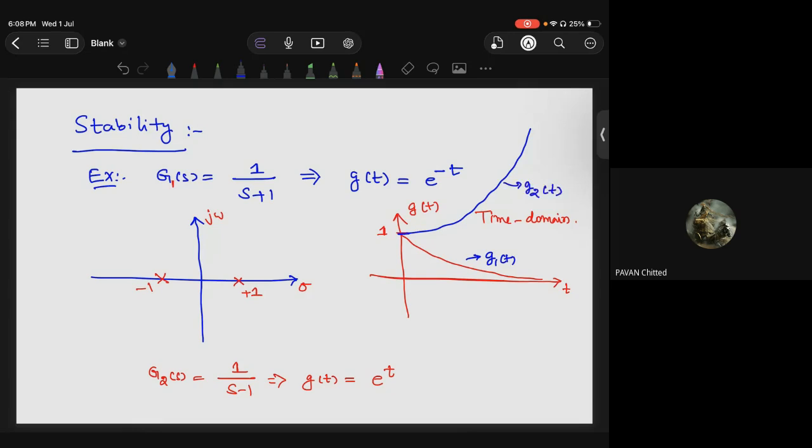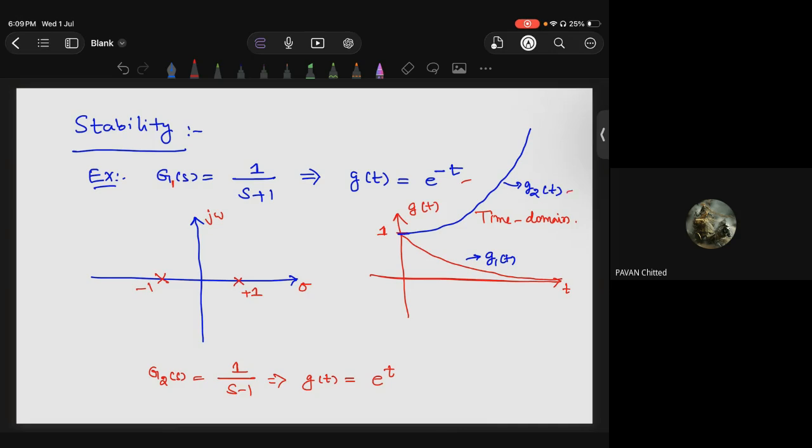Okay, when you take the pole on the left side, there is a guarantee that your response goes to zero after a long time. Particularly when t equals infinity, in this case, z of t goes to zero. But when you take the pole on the right side, the response is increasing without any bound.